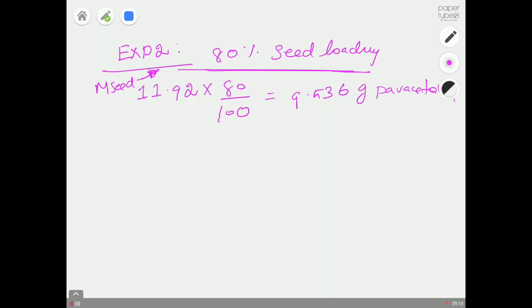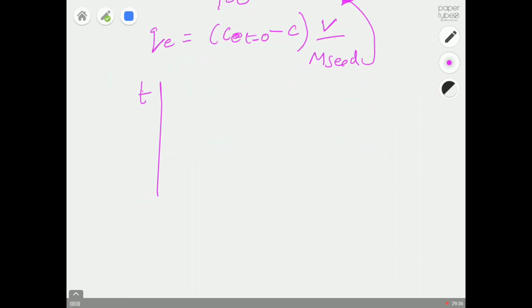So for experiment 2, when you calculate this QE value, you have to use this value: C at time t equal to 0 minus C, times volume, divided by mass of seeds, where the mass of seeds will be equal to 9.536. That's how you calculate t versus QE.